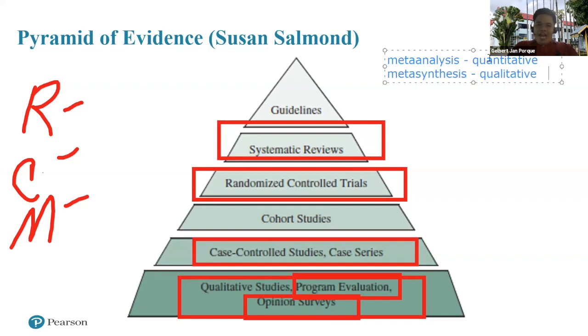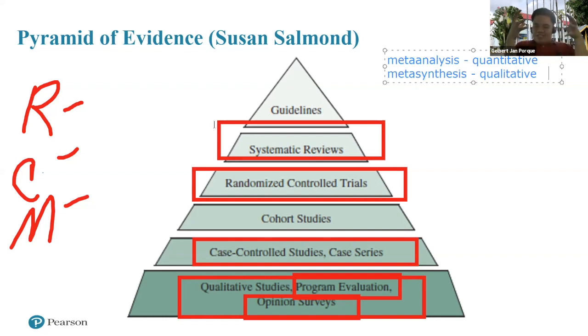So when I say systematic review, class, this is a combination of all the researches found or done worldwide. For example, somebody conducted a study in the Philippines, another in China, another in the US, and all of these studies will be lumped together. We will find out what is consistent among these studies and what is different.